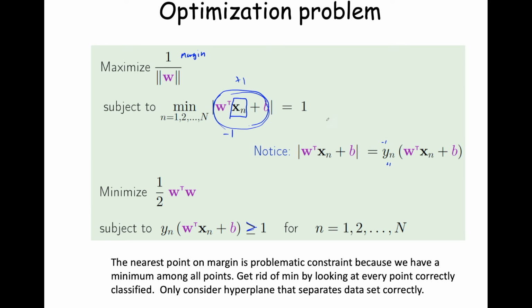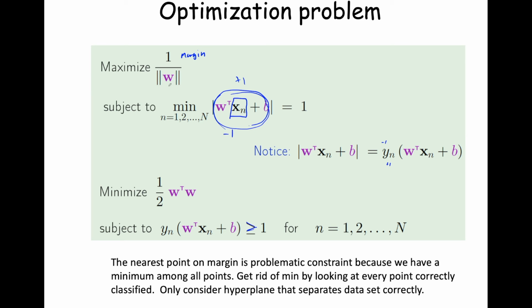So now that we have a new version of this constraint, we can also perform some algebraic manipulation to change this maximization objective. One of the things we can do is take the reciprocal.